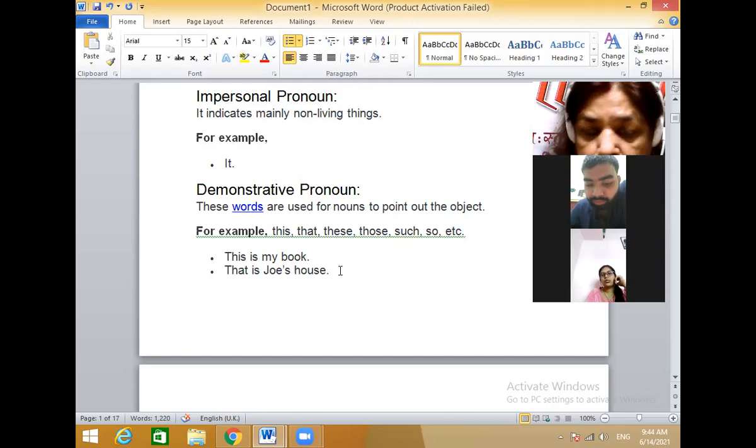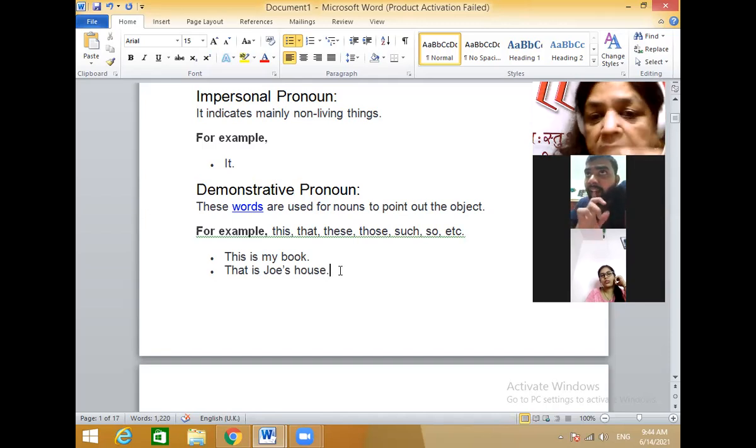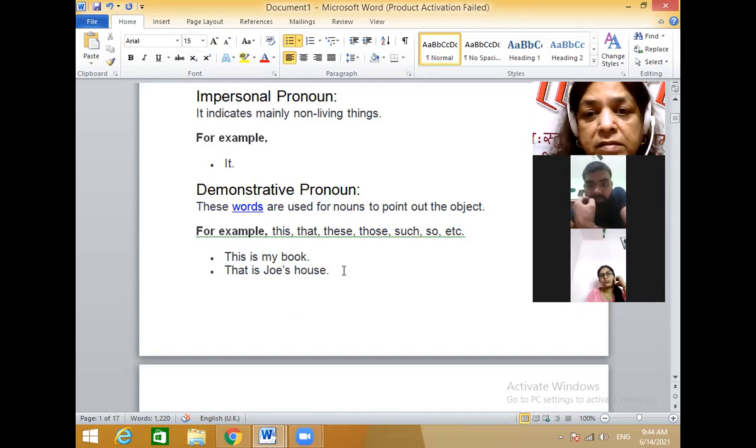Yes, Ashutosh, can you make sentences as per your courseware? This, that, these, and those. This and that are singular, and these and those are plural. Those lessons, those topics, these assignments. Yes.